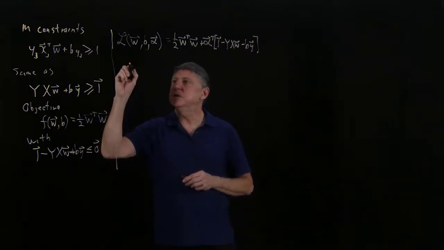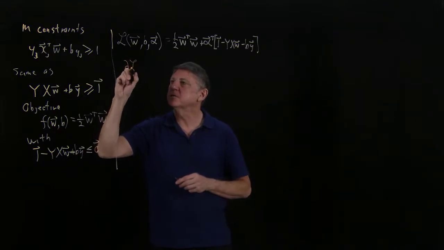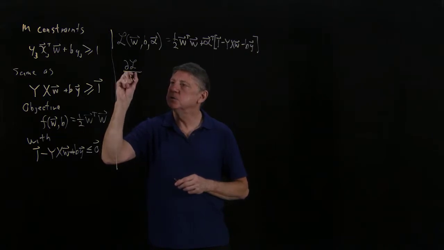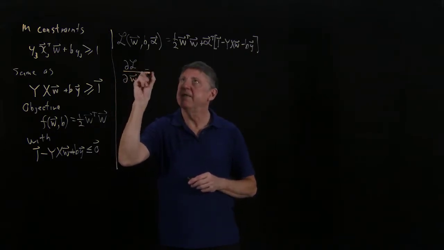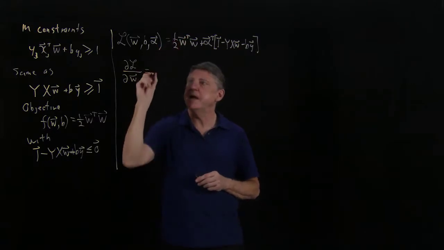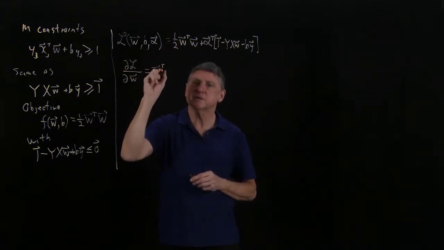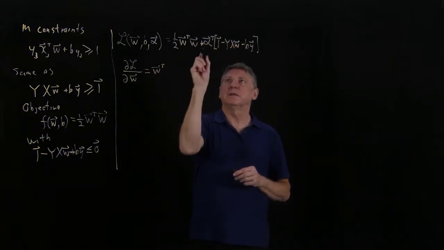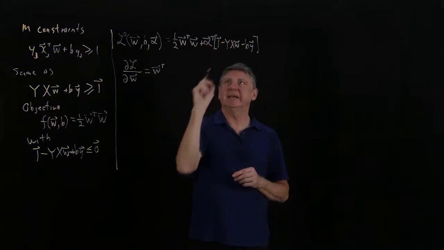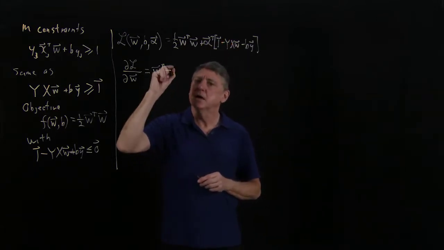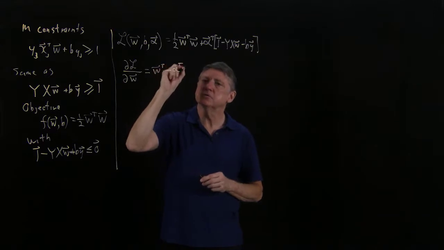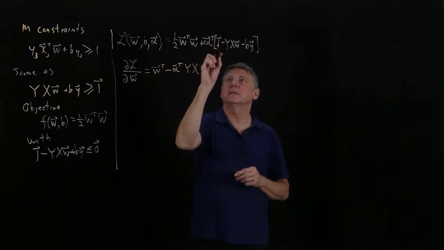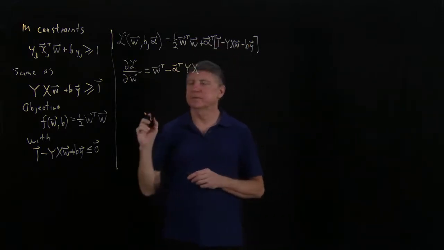The way that we do that is we find the partial derivative of the Lagrangian with respect to the weight vector, and that will be 2 times 1/2, that'll be w transpose, plus alpha transpose yx with a negative sign, so that'll be minus alpha transpose yx, and the other terms are constant with respect to w.